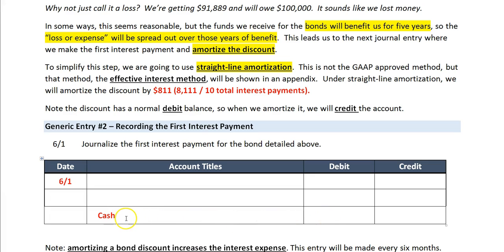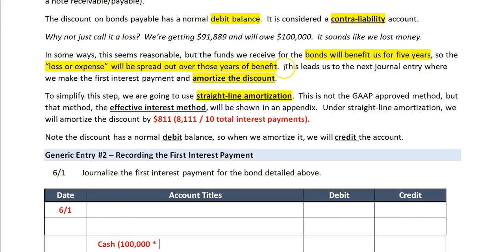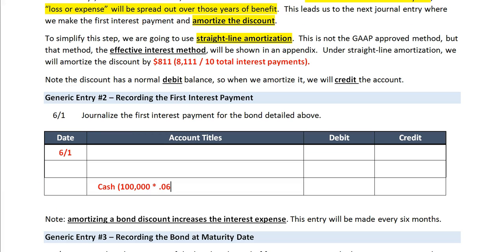Alright, the payment for the cash is always going to be equal to the face value, which is 100,000, times the coupon rate. The coupon rate is the 6%, divided by 2. We get to 3,000.